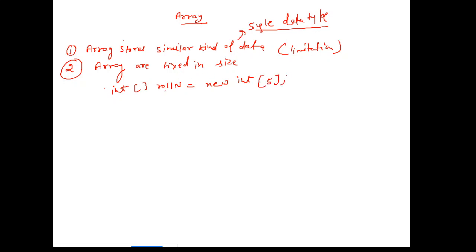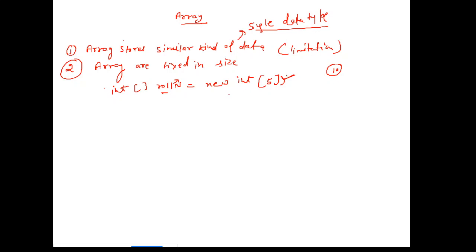The limitation is that you can only store an integer value in this variable, you cannot store a string in it. And second, if you have defined the size 5, then you cannot increase it dynamically. At runtime you have to stay restricted to this size. Suppose in future you have 10 roll numbers to store, new admissions are there, so the array concept will fail there, right?